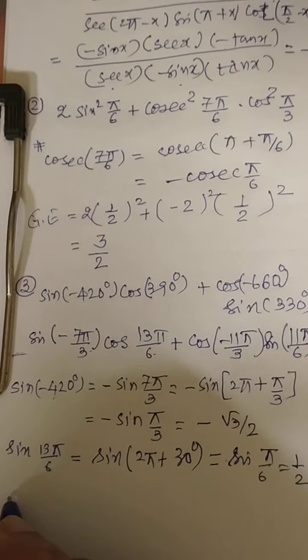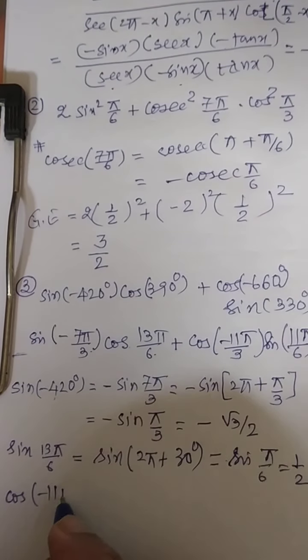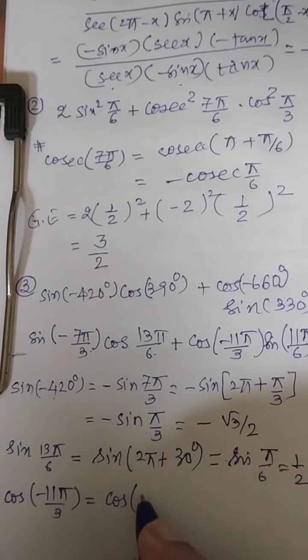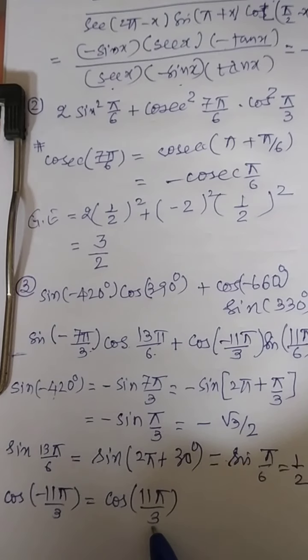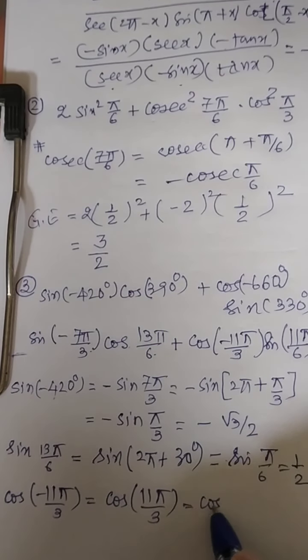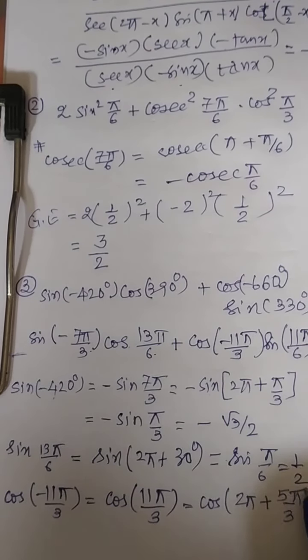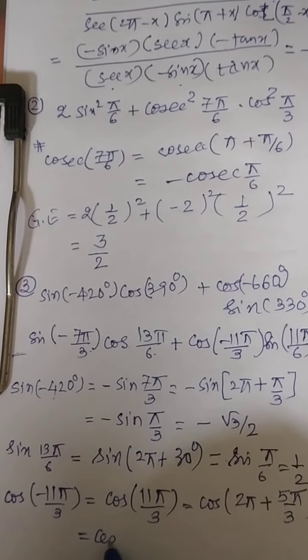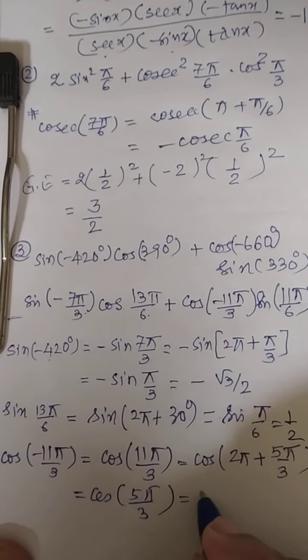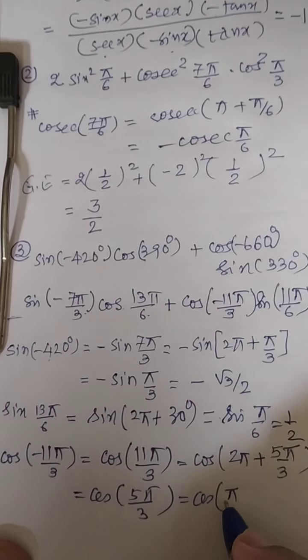Now 2 more. It is cos of minus 11 pi by 3, which is nothing but cos of 11 pi by 3, since cos of minus theta is cos theta. I told you it is 2 pi plus something, so it will be cos of 2 pi plus 5 pi by 3. Now cos of 5 pi by 3 will be cos of 2 pi minus pi by 3.